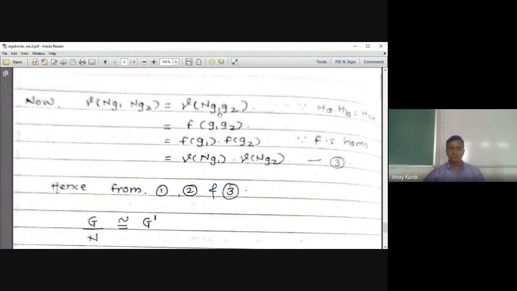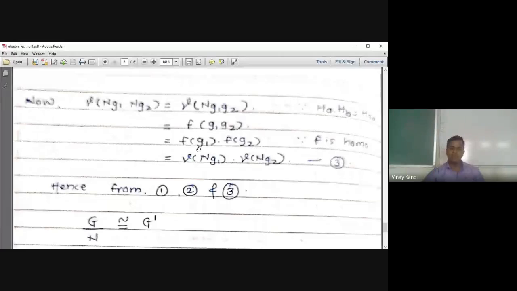By the definition of gamma function, we write that this is equal to f of g1 g2, but f is an onto homomorphism, by the definition of f. Then f of g1 g2 is equal to f of g1 into f of g2, since f is a homomorphism.